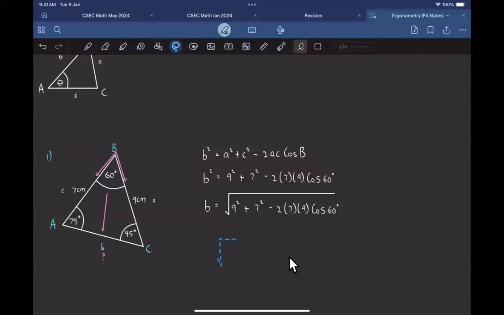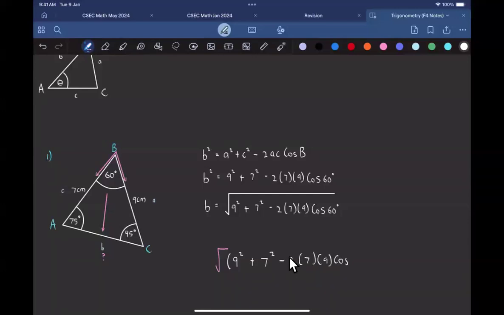You're going to press the square root button. Now in the calculator, you will not see a long square root; you probably see something like that alone. Then you're going to open up your brackets and put 9 squared plus 7 squared minus 2 by 7 by 9, in brackets like that.